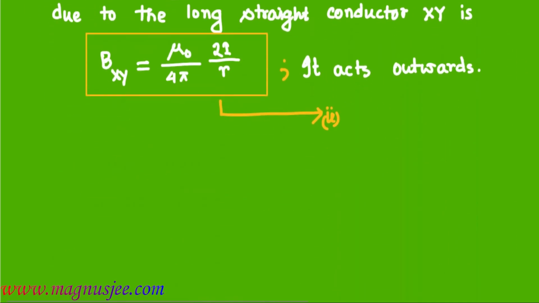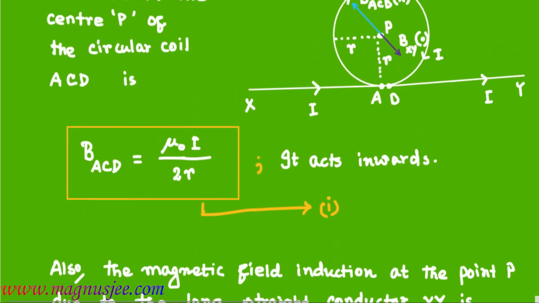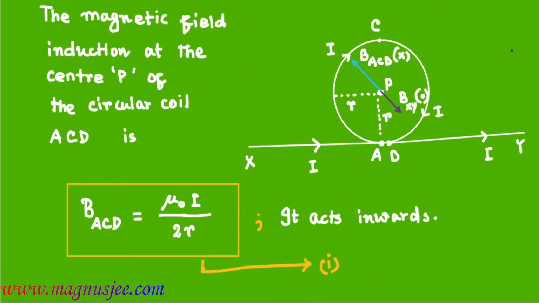Now the magnetic field induction due to the circular coil, that is BACD, is greater than the magnetic field induction BXY due to the long straight conductor.